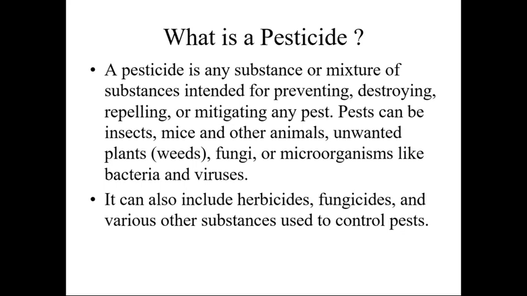And we know that plants and animals can be easily destroyed by any one of these pests. The pesticides include chemicals called herbicides or fungicides and various other substances which are used to control pests. So insects are not the only pests. We have rodents also, which are pests and which need to be controlled.